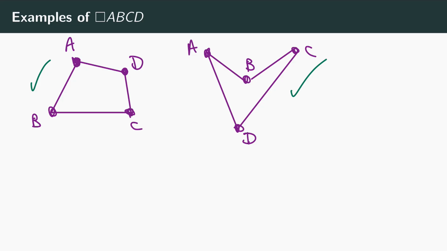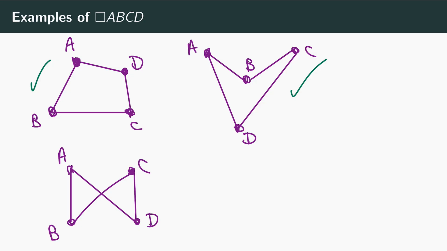And now let's draw some that are bad. So this is bad because the sides cross each other not at a shared vertex. So that's bad.